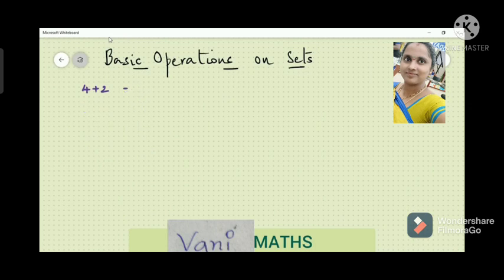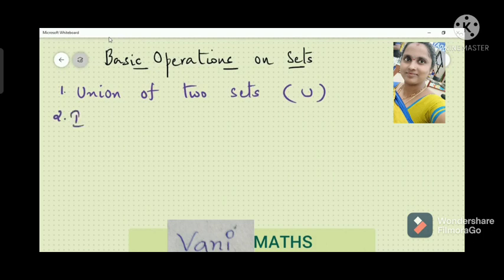Union of two sets is denoted with the cup symbol.